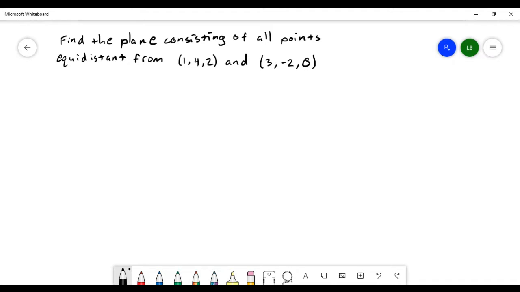Find the plane consisting of all points that are the same distance from these 2 points.